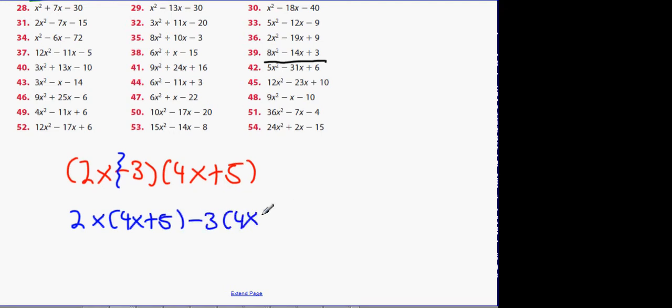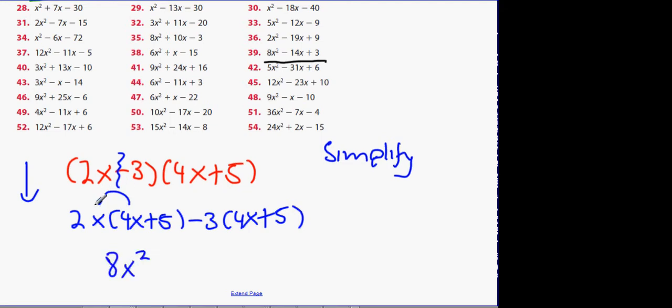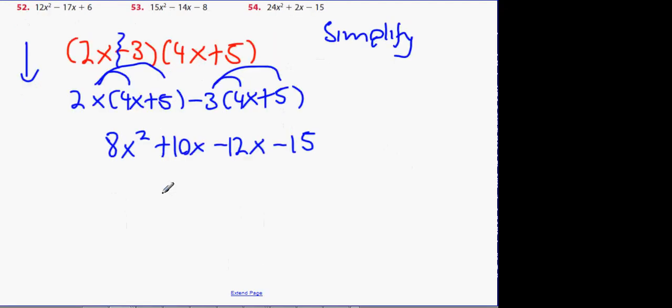Now this is what's called simplifying as opposed to factorizing. Simplify is going in one direction, while factorizing goes in the reverse direction. So we multiply this out and we get 8x squared plus 10x, this one here, minus 12x, and minus 3 times 5, minus 15, and then our answer would be 8x squared, anybody?